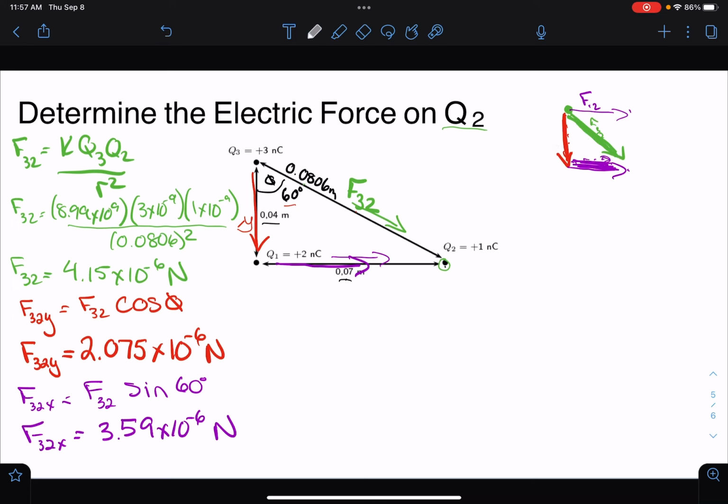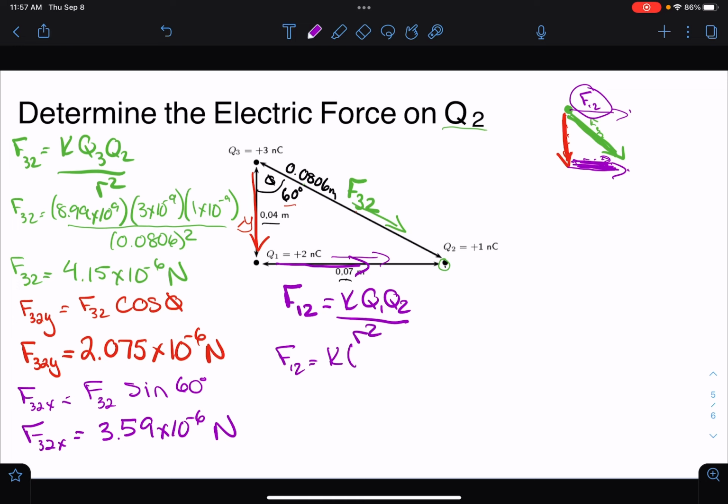Okay, so we need to figure out our original F of 1 on 2. So F of 1 on 2 is going to be our k q1 q2 over r squared. I'm just going to write k. We know it's 8.99 times 10 to the 9.